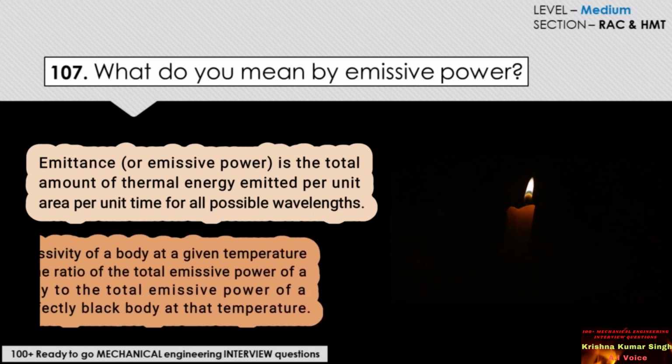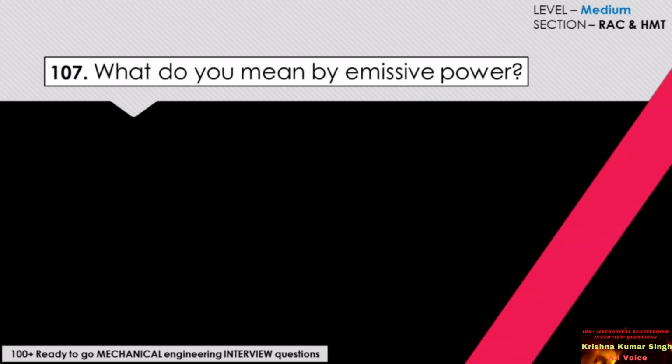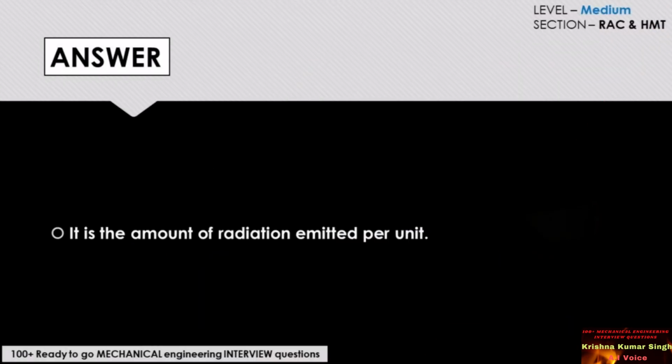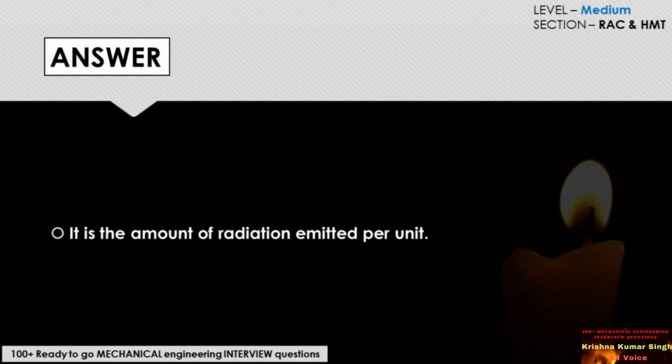Emissivity of a body at a given temperature is the ratio of the total emissive power of a body to the total emissive power of a perfectly black body at that particular temperature. The answer to this question is very simple. It is the amount of radiation emitted per unit time.